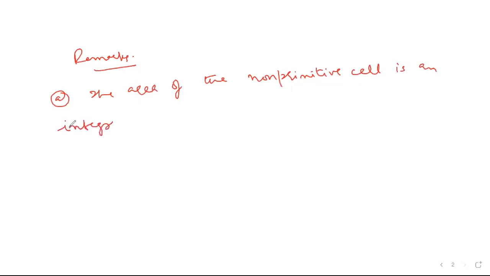First remark is the area of the non-primitive cell is an integral multiple of the primitive cell.